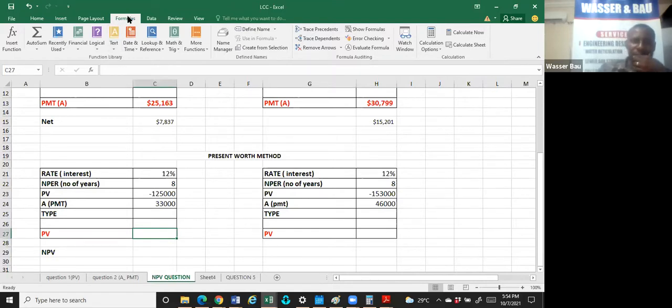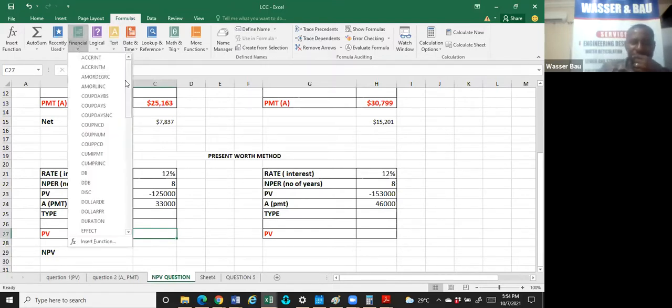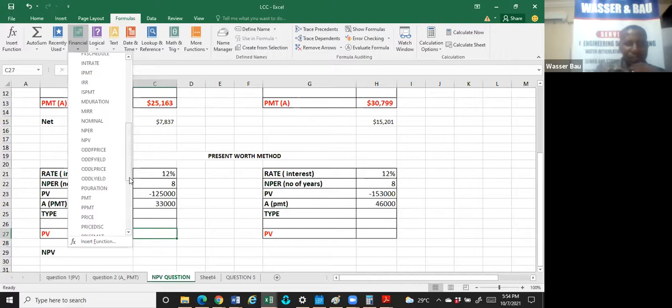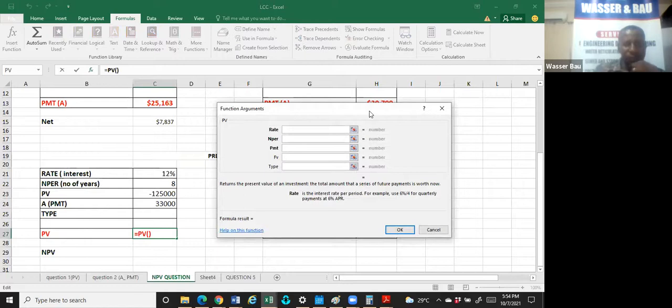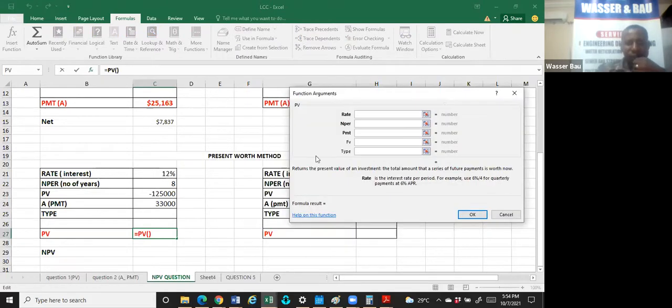So I click on my PV. I'll go to formulas, financials. Under financials, you go to PV, present value. The rate is what? 12%. The number of years, 8 years. The payment. Can you see this one? The payment is what I will use this time. I will ignore the PV. Enter.